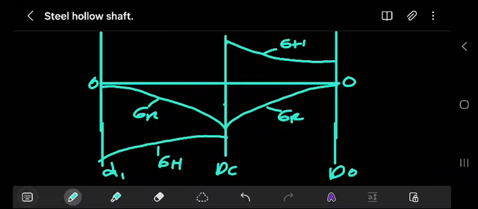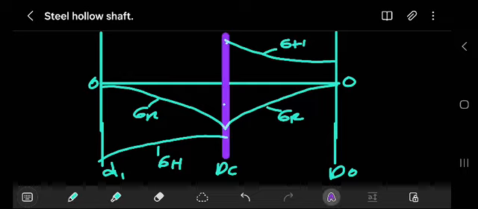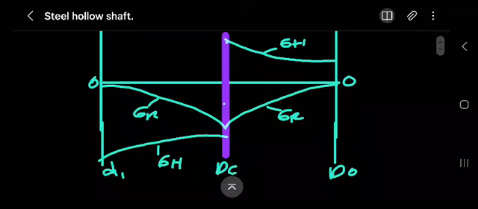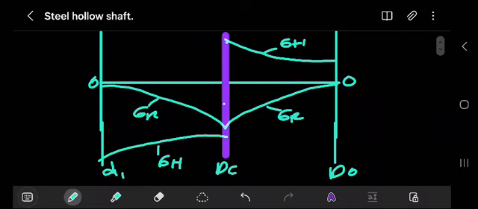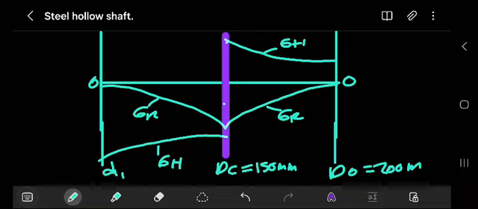Here it's our common diameter. So this is 150 millimeter, this is simply 200 millimeter, and that was 100 millimeter.